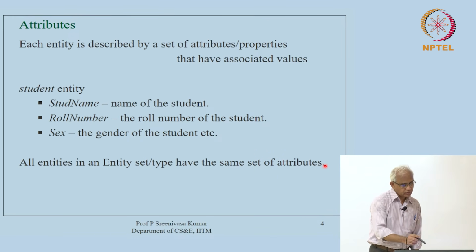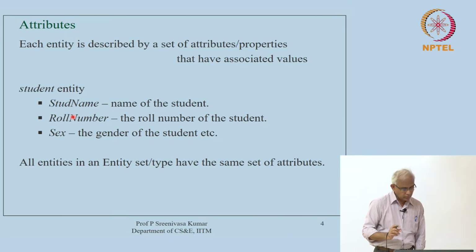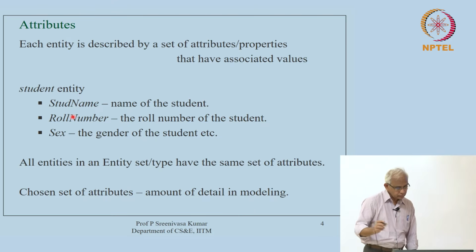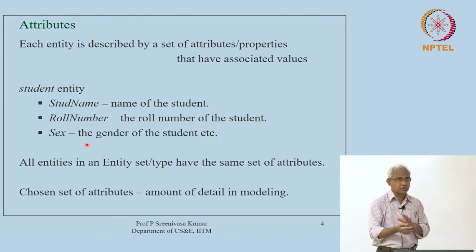Of course, the reason why you are interested in an entity name, like the student name, is that this will capture a value. Now, what are those chosen set of attributes? Should I include student blood group also in the same set of attributes? No, that is a matter of design choice.